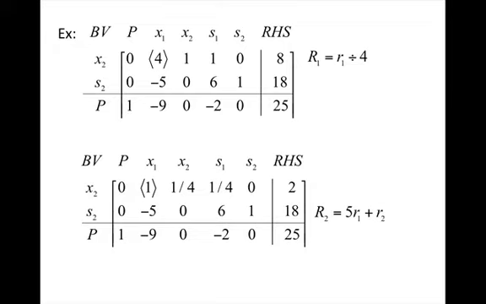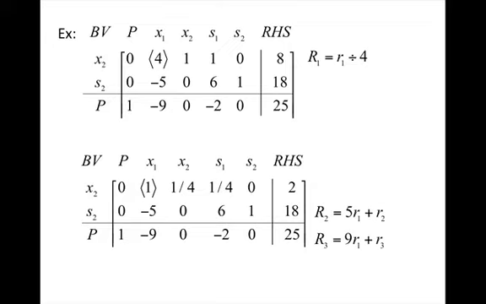And then I'm going to add it to row 2 because that's the row I want to change. Then to make the -9 become a 0, I'm going to change its sign to a +9, multiply by row 1 because that's the row that contains the 1, and then add it to row 3 because that's the row I want to change.